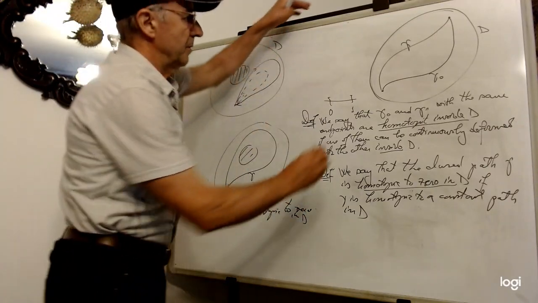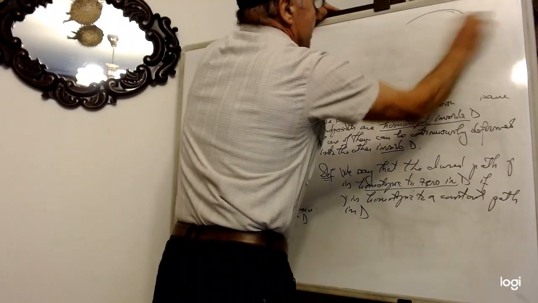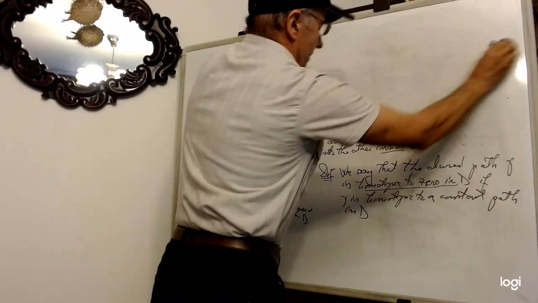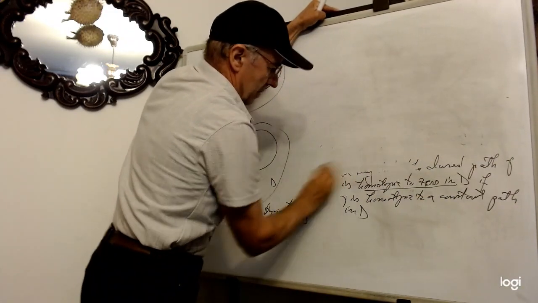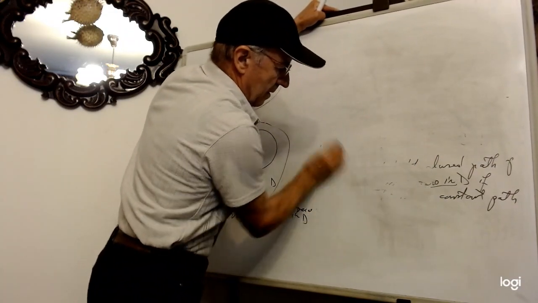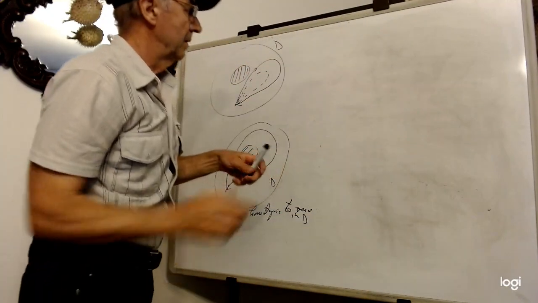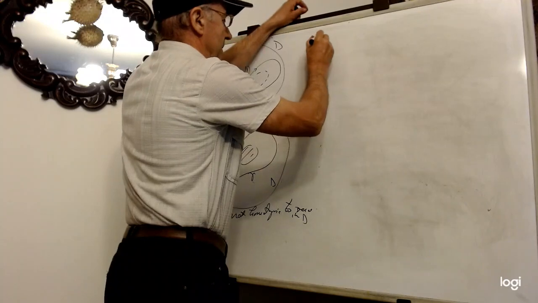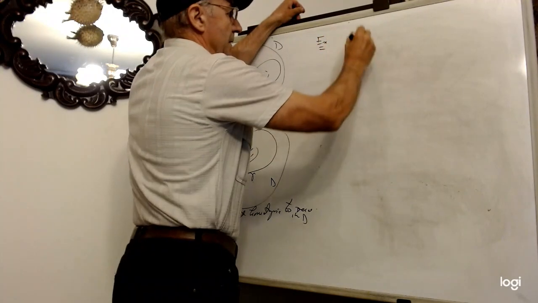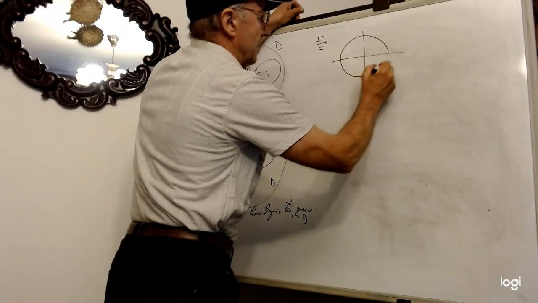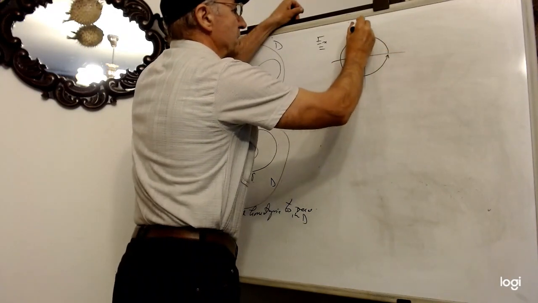Another example, the unit circle with the center, the origin. The unit circle is homotopic to 0.